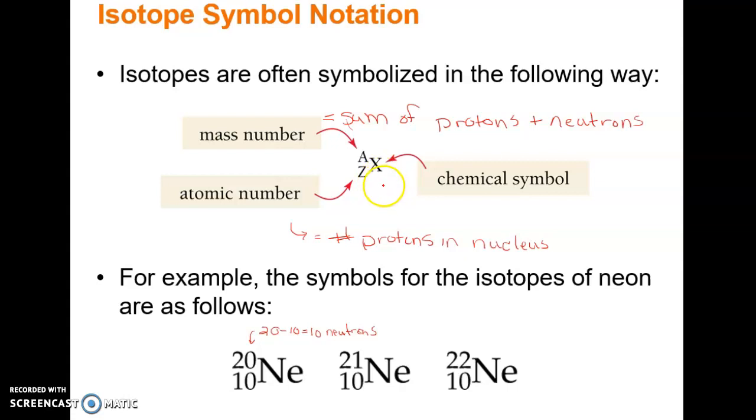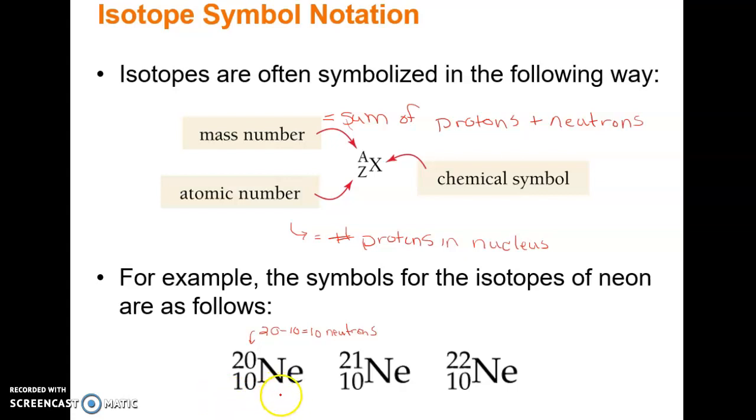And then you have your mass number on the top left. And remember, on the periodic table, your mass number is on the bottom. So this is opposite. Your mass is on the top left and your atomic number is on the bottom left. Your mass number is the sum of the protons and neutrons, and your atomic number is the number of protons in the nucleus. So these are the isotopic symbols for the different isotopes of neon.